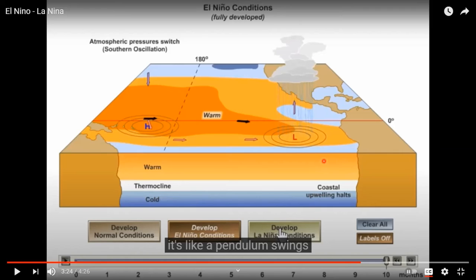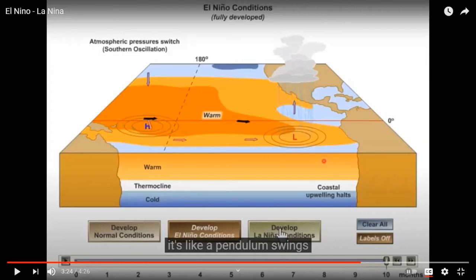So you do not have happy photosynthesizing organisms and happy zooplankton who are eating those, and happy fish that are eating the zooplankton. All of it stops. There are no fish to be caught. The fish that were there either die or they go elsewhere. They follow the cold water.